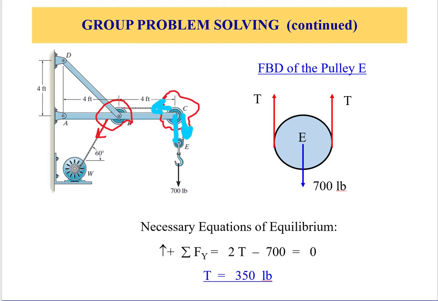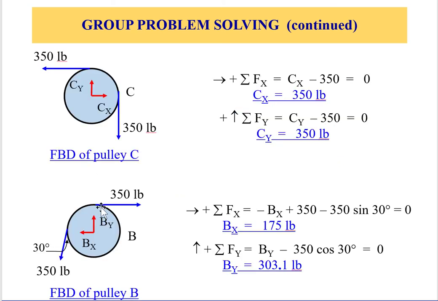Because this pulley is always under tension, when you cut it, it's going to be equal in magnitude, opposite in direction, like that, to satisfy the tension in the cable. So this is 350 and 350 at an angle of 30, and applying the forces in X and Y will lead you to the Bx and By as shown here.